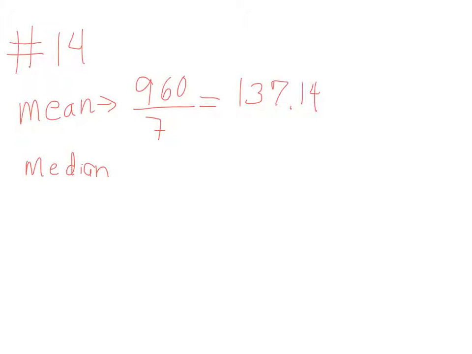For the median, what you do is you find the number in the middle, if there's one number. If not, you add the two in the middle and divide by 2. So I'm going to put them in descending order. 190. You have 3 150s. Then you have 120 and 200s.